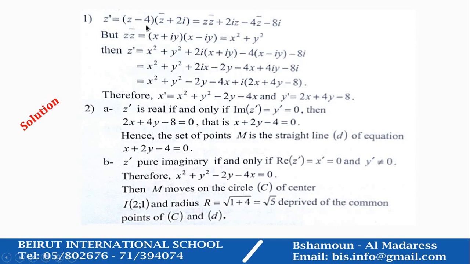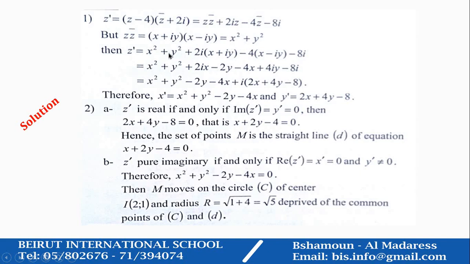Z prime is (z minus 4) times (z conjugate plus 2i). You distribute: z z bar minus 4 z bar plus 2iz minus 8i. You know that a complex number times its conjugate is x squared plus y squared.